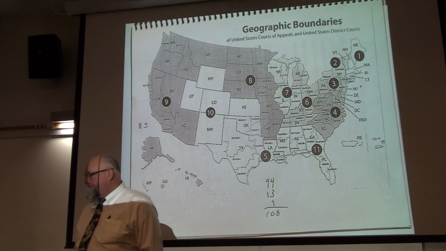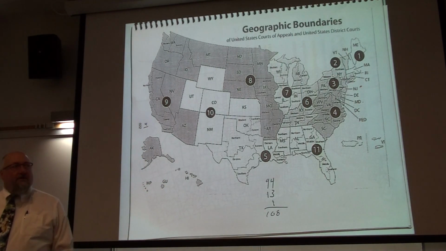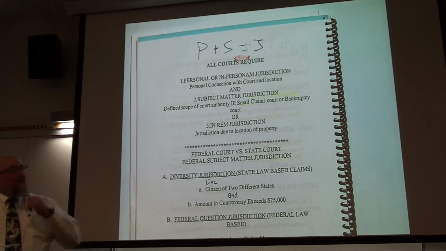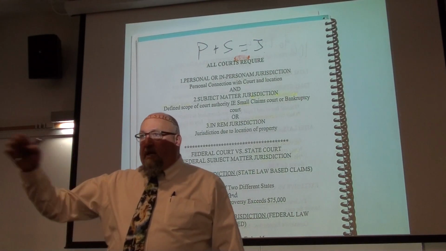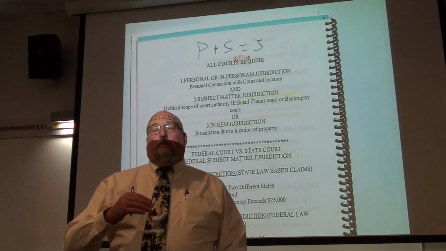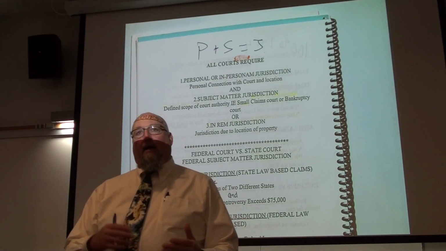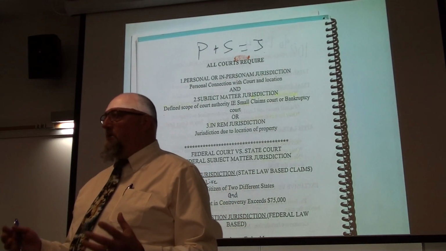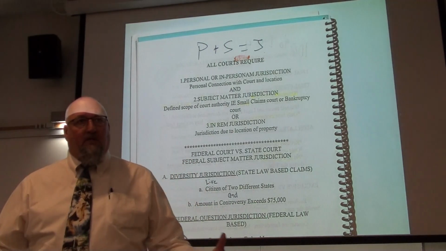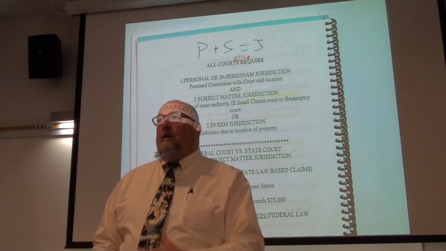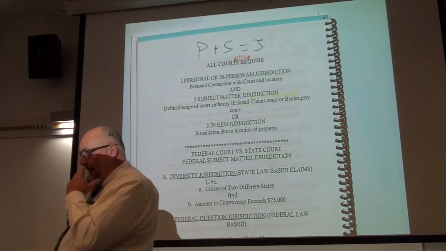Strategy, okay? So long story short, back to my P plus S. The first threshold, when I'm looking at the map, I'm going to try to find a court that has jurisdiction and a connection with everybody involved. The plaintiff, the defendant, the companies, whatever the case may be. All right? So that's the first thing we have to look at.